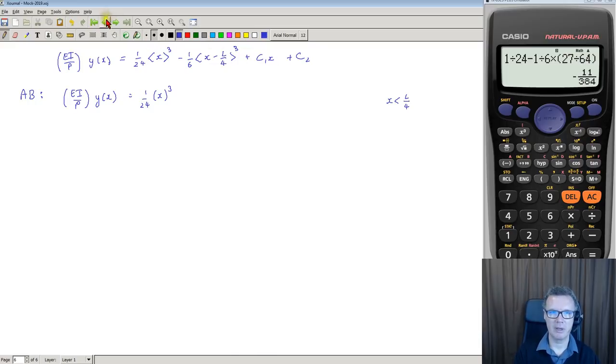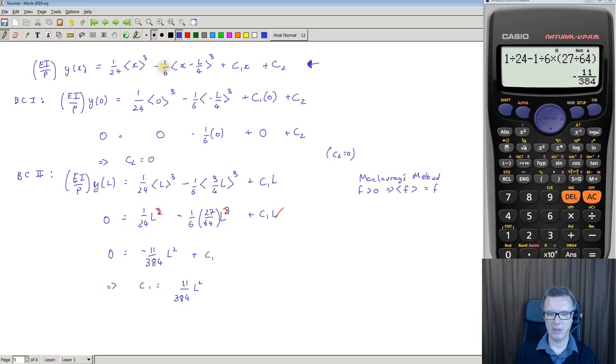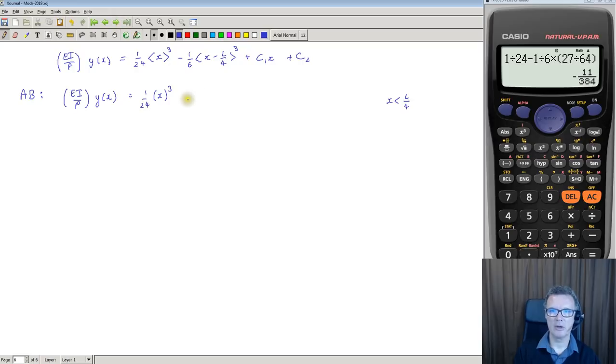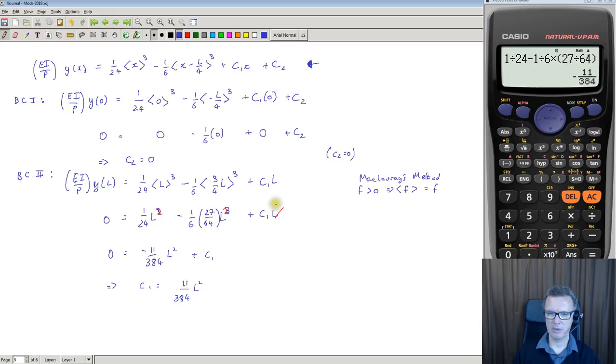C1 we calculated previously to be plus 11/384 L squared x. And C2 we calculated to be 0.